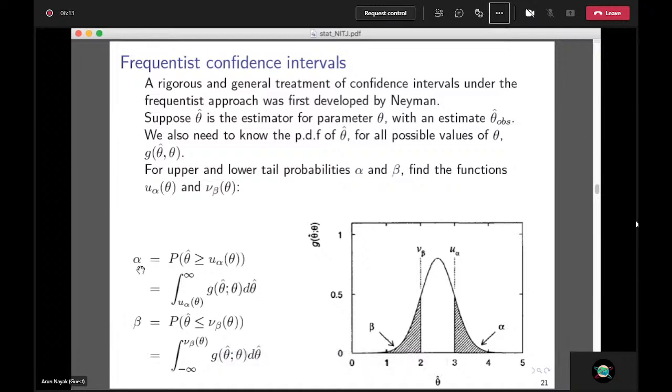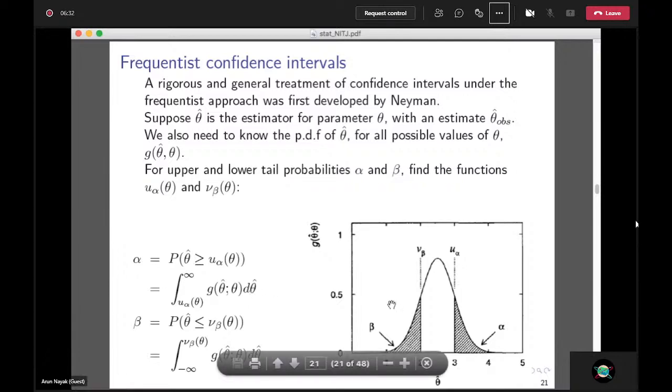The probability alpha is the probability of finding theta hat above u alpha of theta, which you can write as the integration from u alpha to infinity of g.